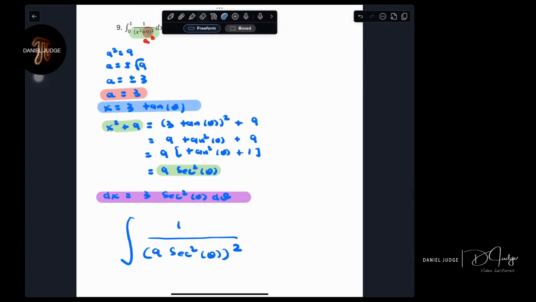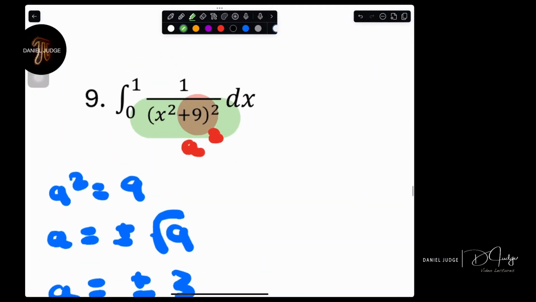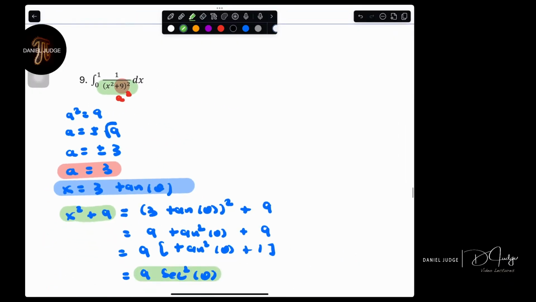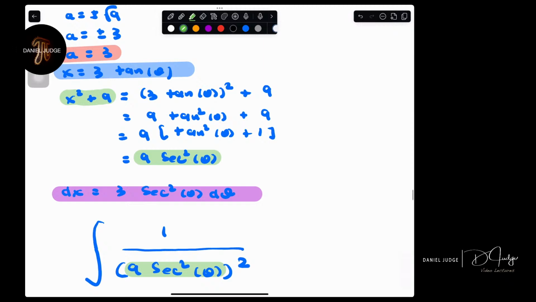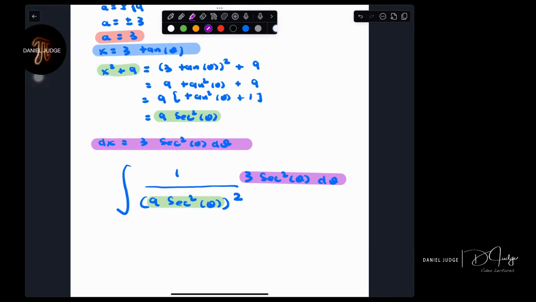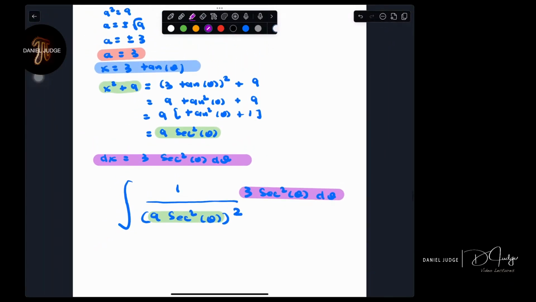So there's my denominator raised to the second power, because that's what you have here. x squared plus 9 raised to that second power. Now the dx part goes here, which will be 3 secant squared theta d theta. So, all right, let's double check. Make sure everything is what it should be.